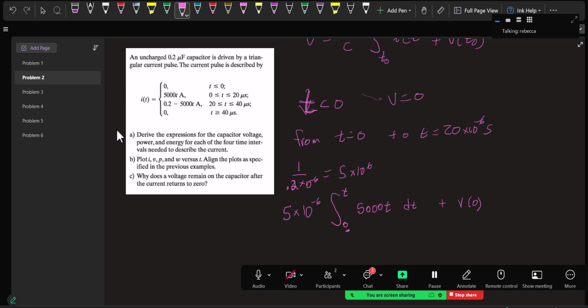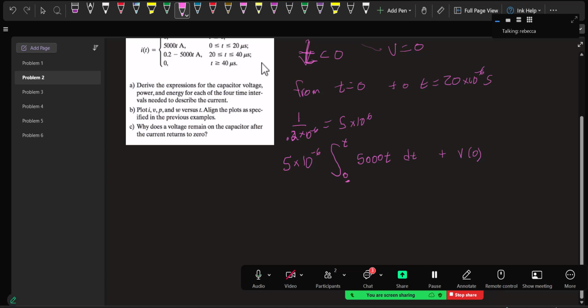It says I started uncharged, so v of 0 is 0, but I put it in there because sometimes it's not. Notice this all goes together, and this is added on outside everything else. So this is now 5 times 10 to the 6 times 2,500 t squared from 0 to t.